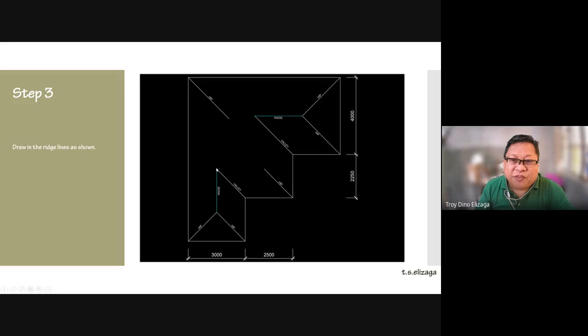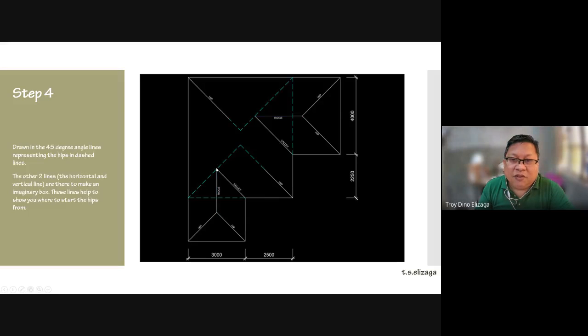So next is we put like an imaginary box. Draw in the 45-degree angle lines representing the hip in dashed lines.